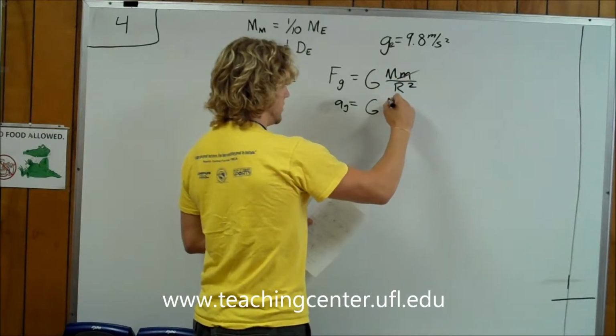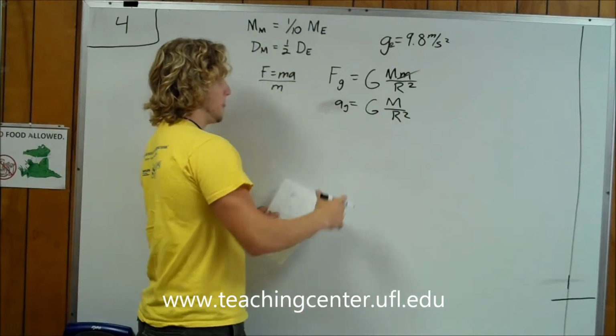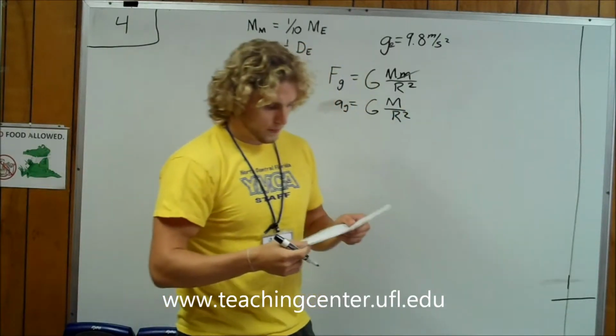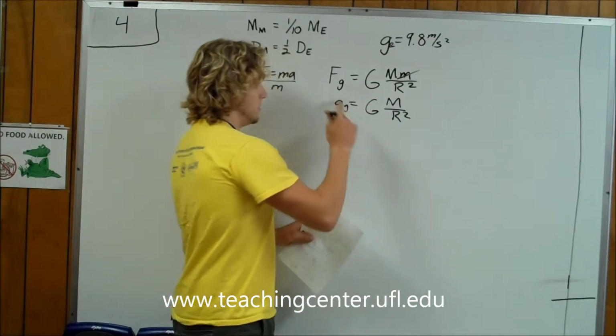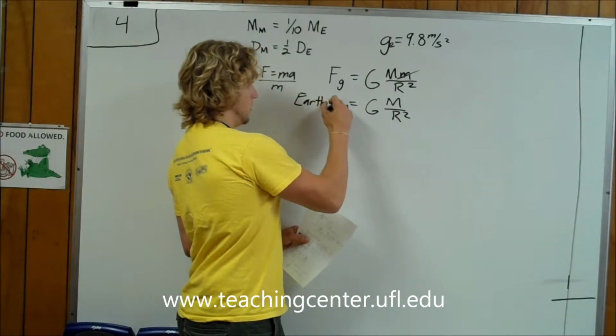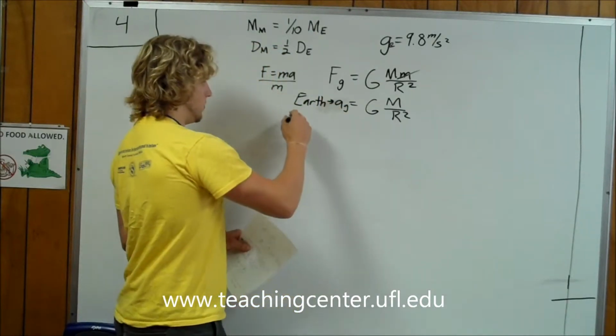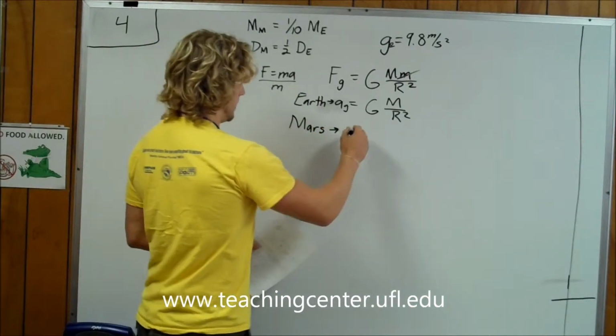So we get g m over r squared, right? So, from here, we know this is for Earth. Okay? So for Mars, we need to find the acceleration.